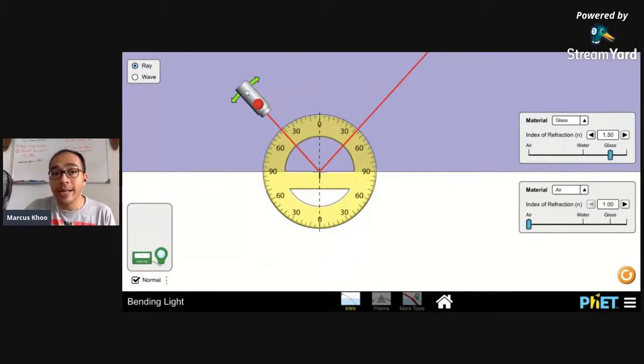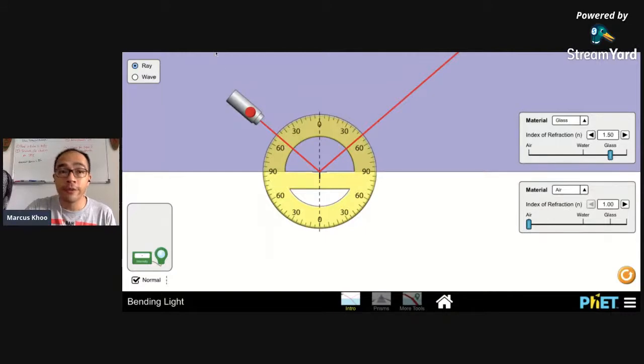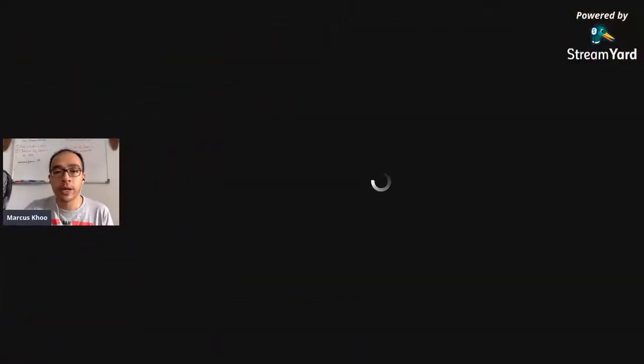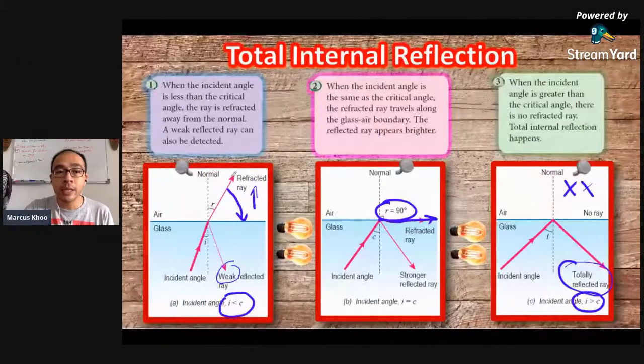Then after that, it will be all totally internally reflected, which is what is happening in our situation over here. It is as if this refracted ray and this reflected ray combine, and after the critical angle they become totally internally reflected.